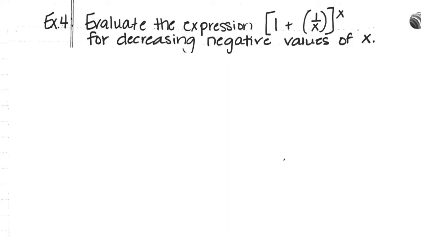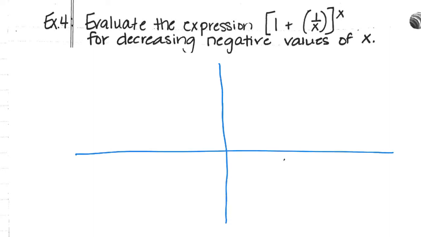All right, so here's a tough question. You will definitely want to put this into your TI-84. I'm just going to graph what this looks like. If I graph y sub 1 is equal to 1 plus 1 over x, all of that to the x power, it's going to kind of go through where e is.